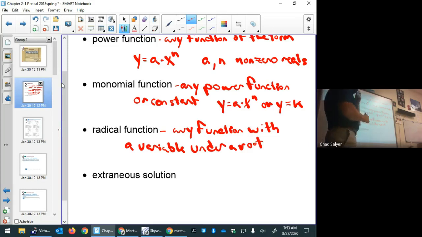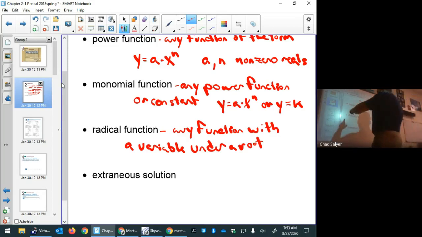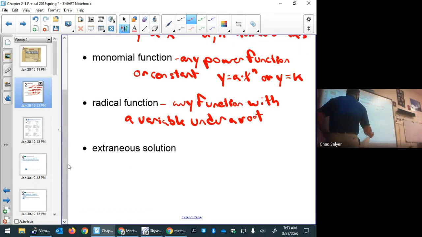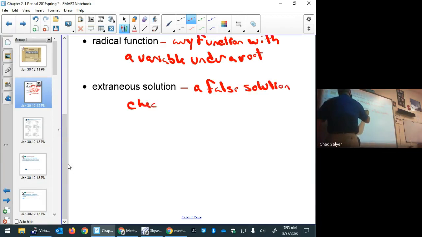So when I have radical functions, the possibility for what's called an extraneous solution exists. And you've probably heard me mention this already a time or two. It's when legitimate algebraic steps arrive you at a solution that is false. So the possibility exists when you're solving radical equations. This is a false solution, so you must check your answers.